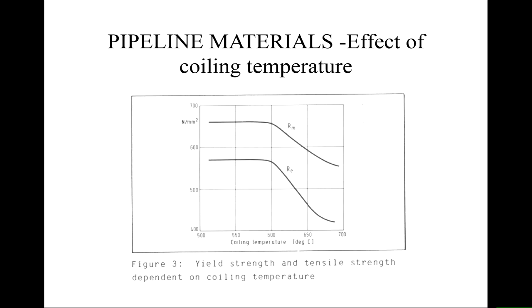If you get good yield strengths, typically the elastic limit, RE, and the maximum stress, that's the ultimate tensile stress, which is RM in this diagram here, they're okay up to a certain temperature. But if we coil at a very high temperature, then those strengths will drop.